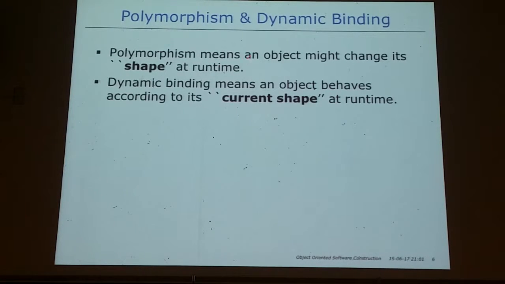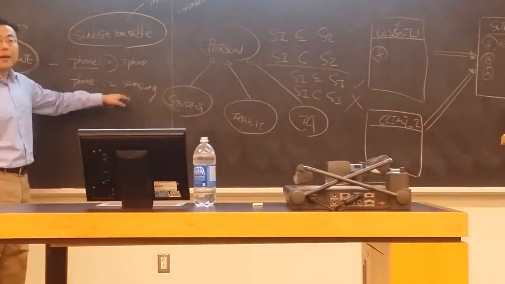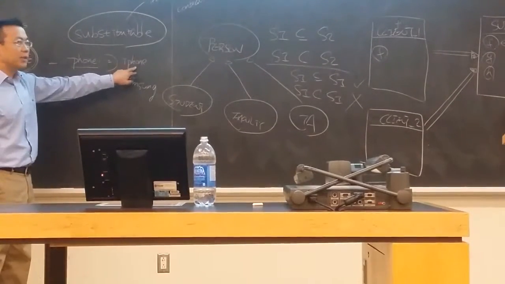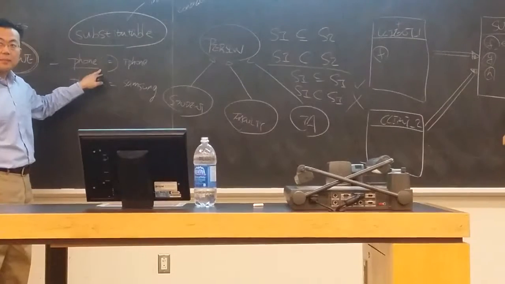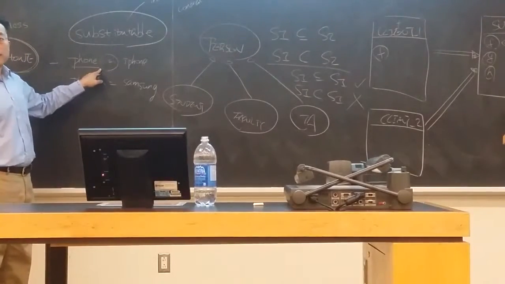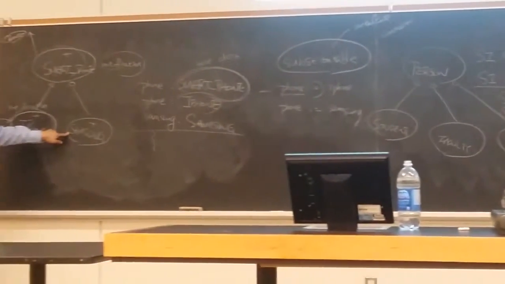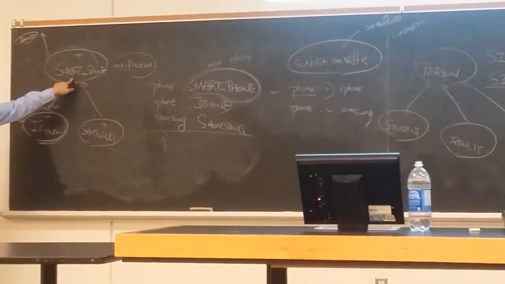Polymorphism means an object might change its shape at runtime. That means at runtime, a phone might actually go from iPhone to Samsung, right? That's polymorphism because you can assign objects of different classes to the same object reference, provided that those two classes are subclasses of that base class.